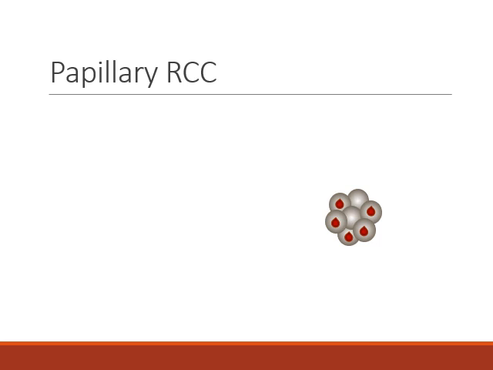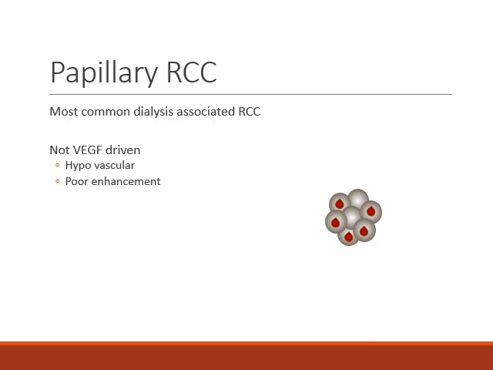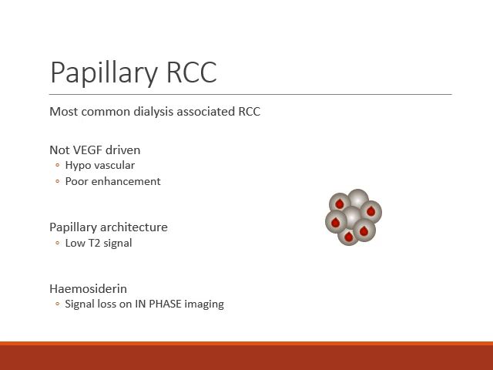So to summarize papillary RCC, it's the most common dialysis associated RCC. It's not driven by the VEGF pathway, so it's a hypovascular lesion which is poorly enhancing. We've already said the papillary architecture gives it a low T2 signal on MRI, and it contains hemosiderin, which means you will get signal loss on the in-phase imaging.